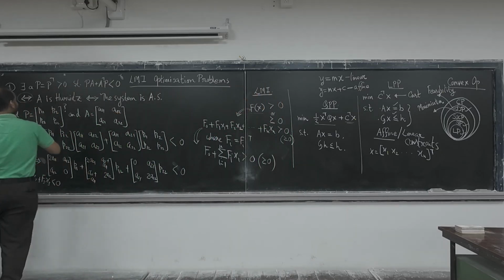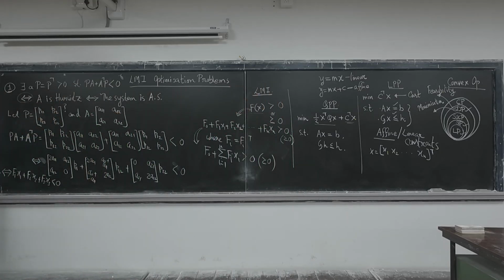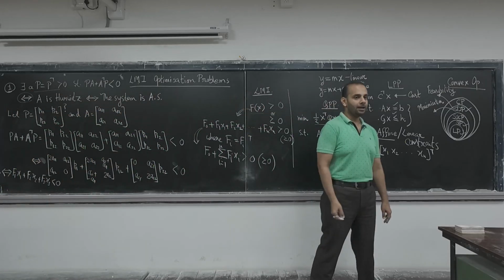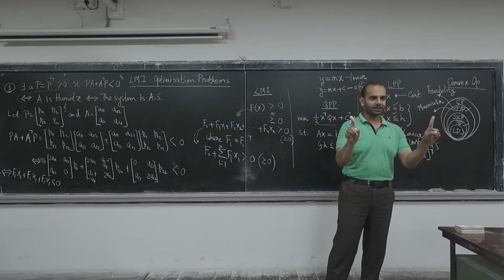One is feasibility, like in this case: suppose a linear time invariant plant matrix A is given, whether you can find a symmetric positive definite matrix P such that PA plus A transpose P is less than 0. This kind of problem is called a feasibility problem. Now, if you compare with the LQR problem, where you have a cost function and then you find the control input by minimizing that J function, that kind of problem is called a minimization problem.